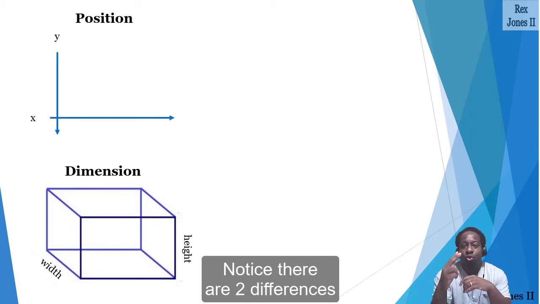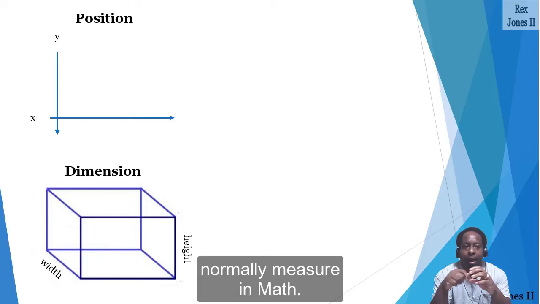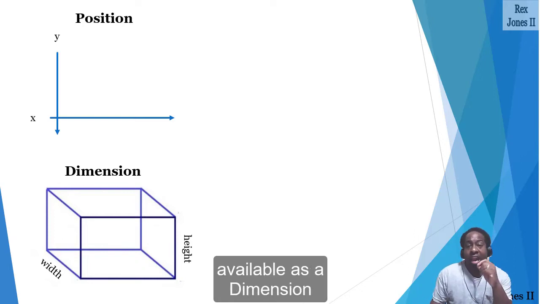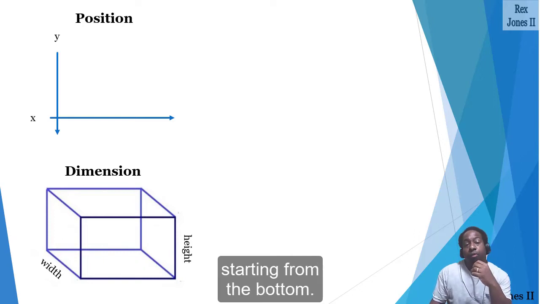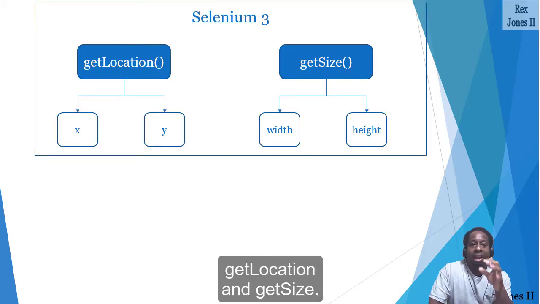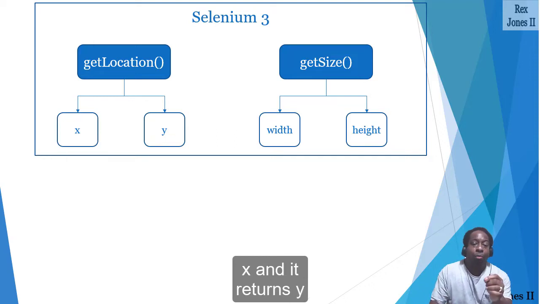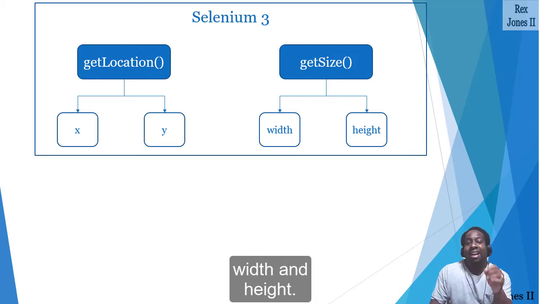Notice there are 2 differences between Selenium and how we normally measure in math. On a web page, the length is not available as a dimension, and Y is not measured starting from the bottom. With Selenium 3, we have getLocation and getSize. The getLocation method returns X and Y, while the getSize method is used to fetch the width and height.